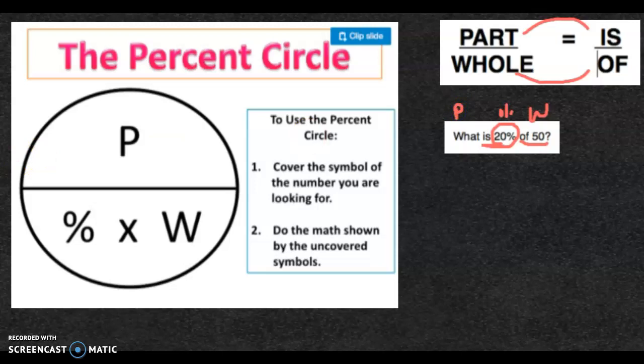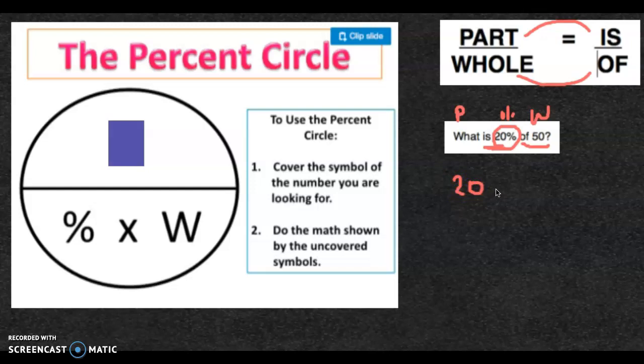So to solve for our part, we basically will cover up our part, and we take our percentage, which is 20%, and we multiply it by 50.